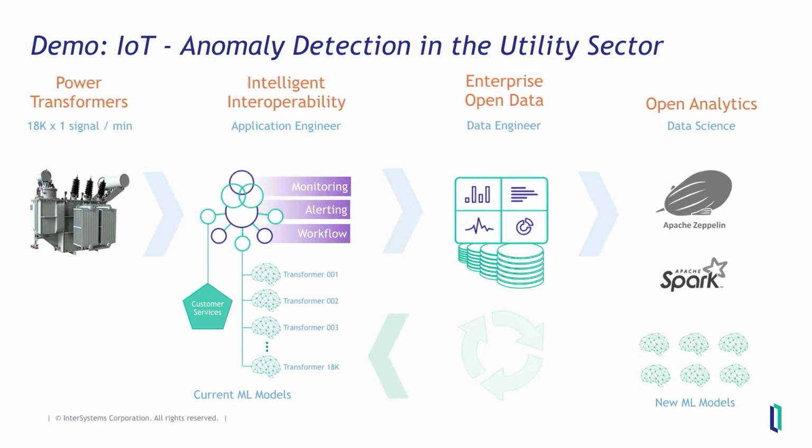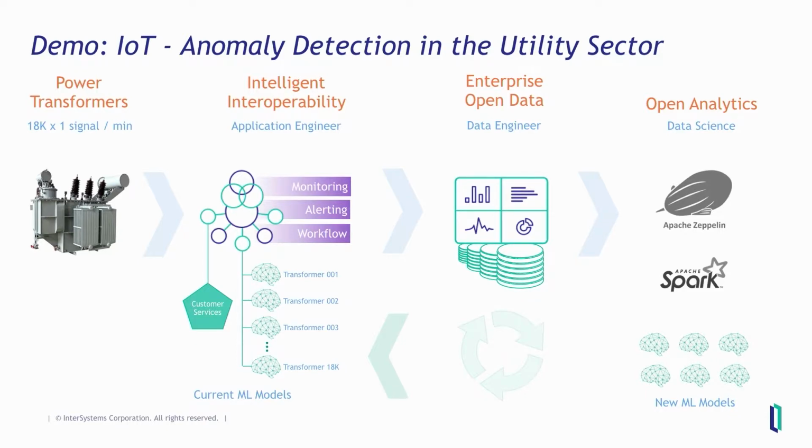But as the transformers are operating on different locations, under different weather conditions and so on, every transformer has a personality. So the idea here is to find anomalies.